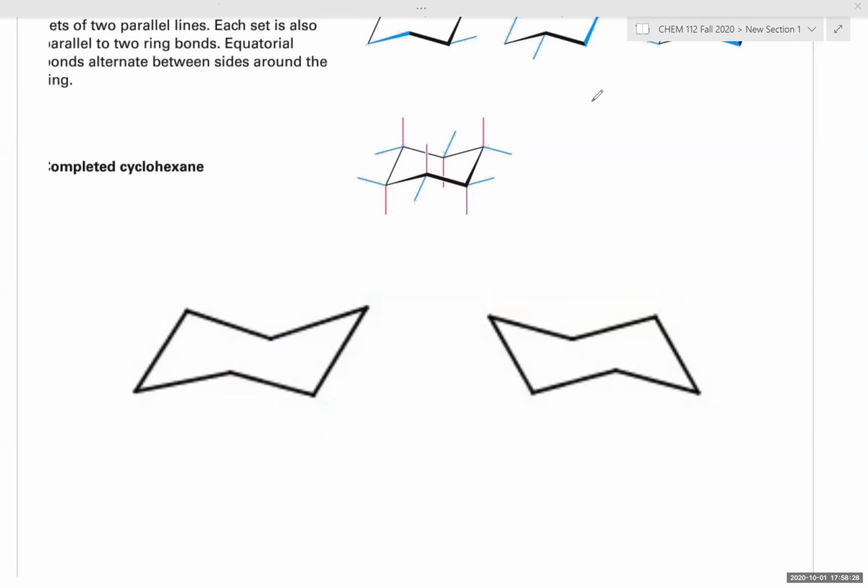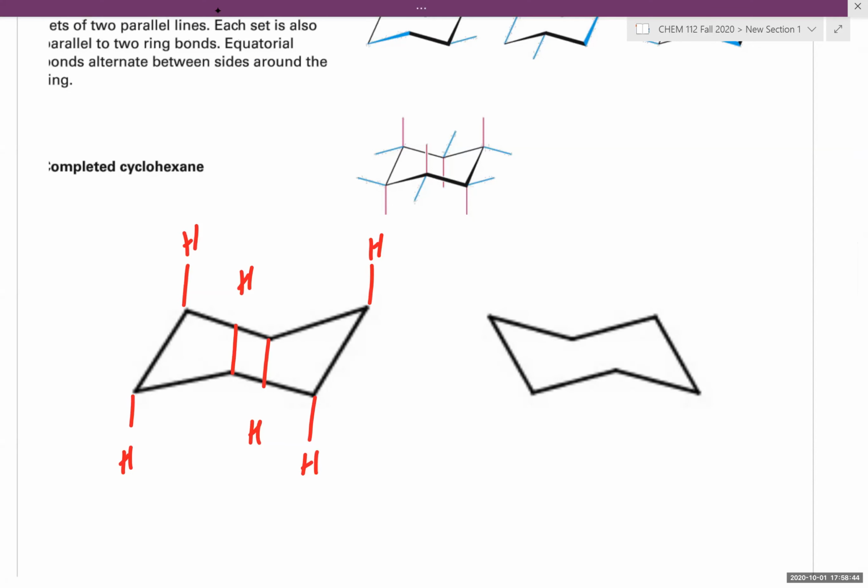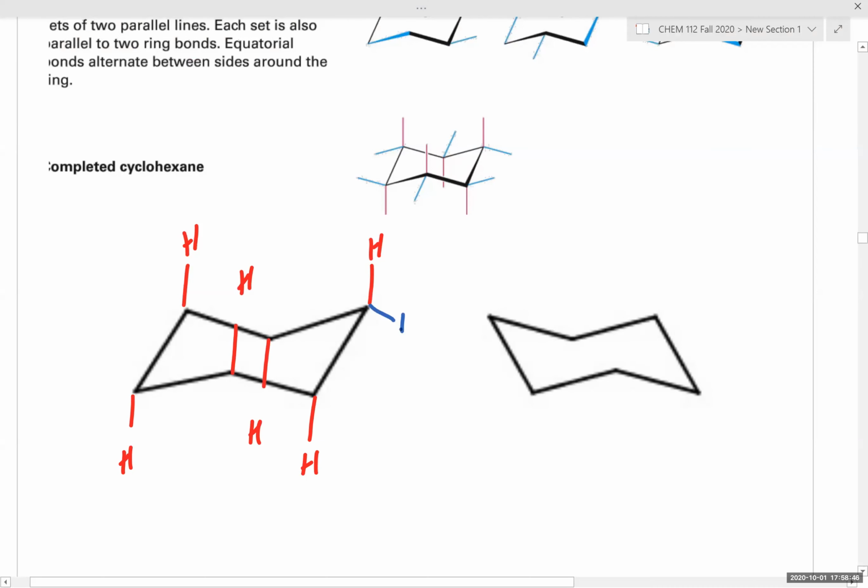So just to add in the instructor drawing, just so that way we have everything all in the same note set. So we have our 3 axial hydrogens pointing up, our 3 axial hydrogens pointing down, our 3 equatorial hydrogens pointing down, and our 3 equatorial hydrogens pointing up.